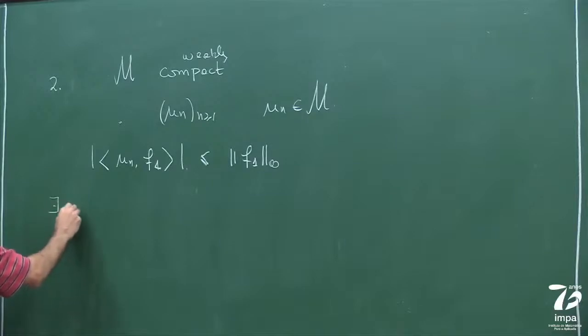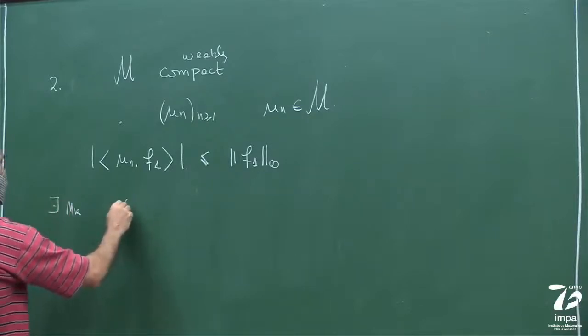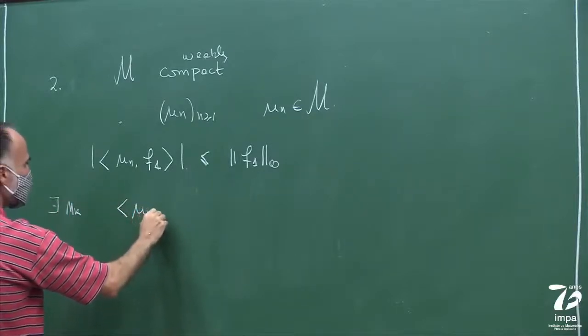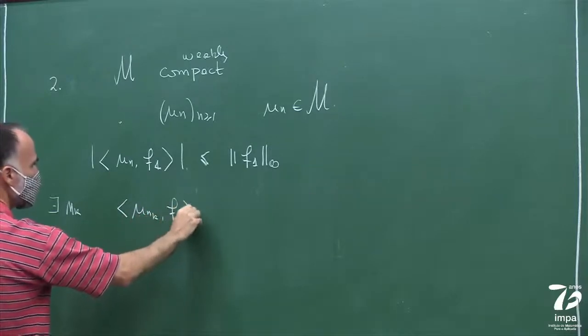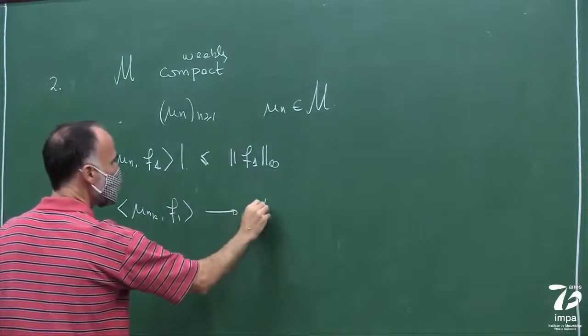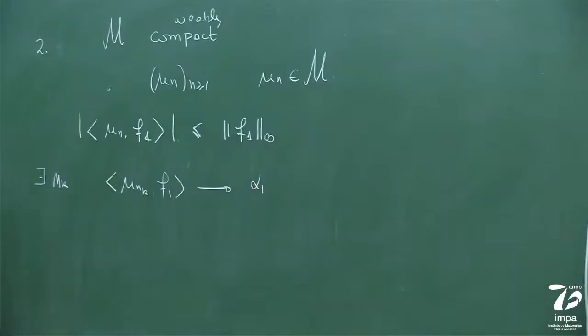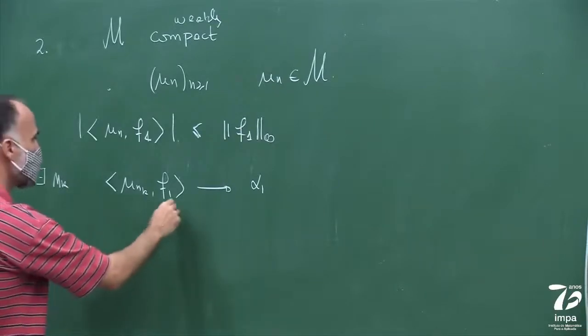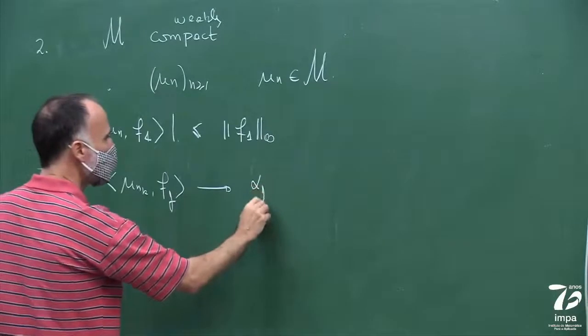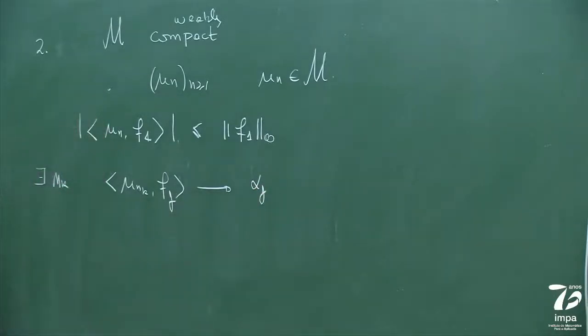So this means that you can extract a subsequence for which mu n k f1 converges to a number which I will call alpha 1. And then you proceed to f2. So you extract a subsequence which converges. Then you use Cantor to get a subsequence for which you have convergence for all j.